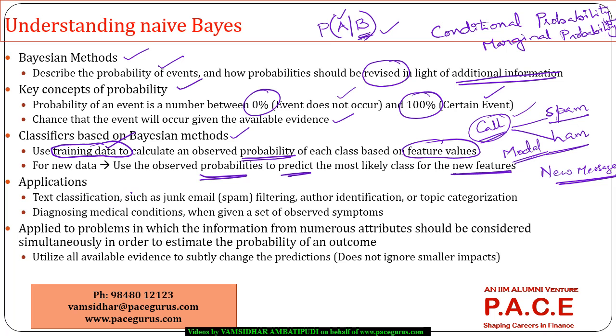So there are many applications to it, especially for identifying spams and hams, filtering messages, mails, etc. There is a lot of application, even in author identification and topic categorization, in text analytics, though I can very well use it even in numerical feature based classification as well. But there is a lot of application in text analytics.